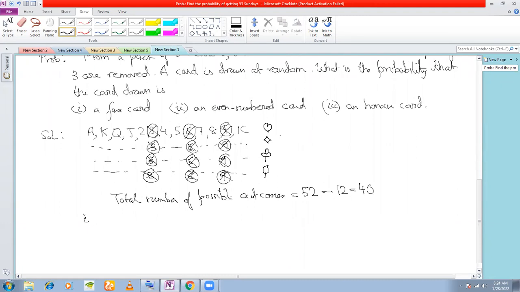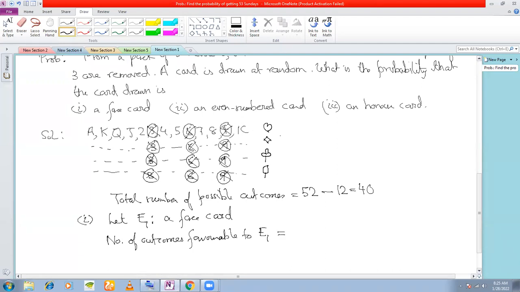Next, the first question is, what is the probability of getting a face card? I call this event E1. Let E1 be the event of a face card. The number of outcomes favorable to E1: how many face cards are there?